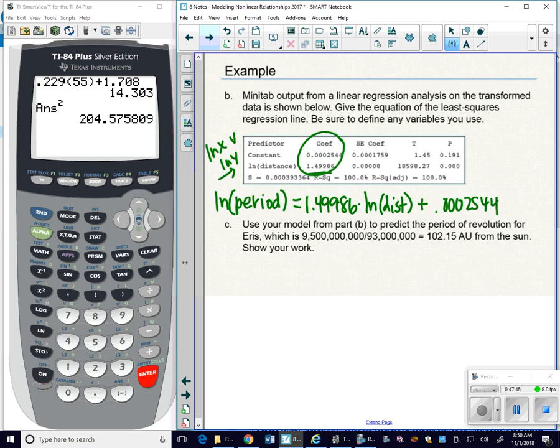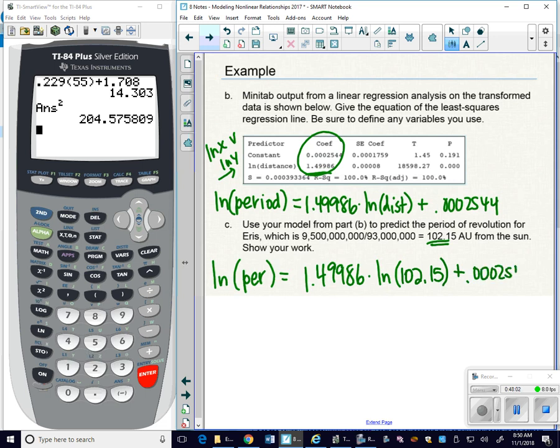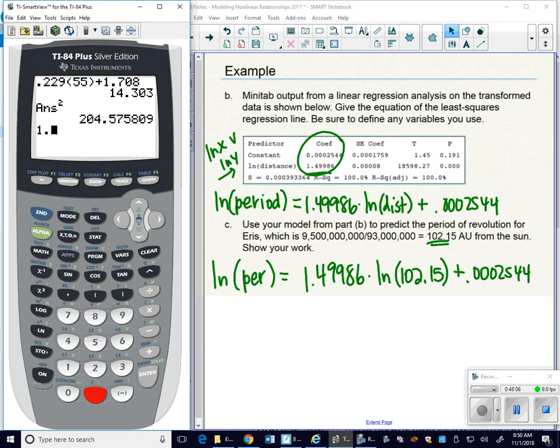And so this is my x value, right? So when I plug that in, I'm going to have, again, the natural log of the period is equal to 1.49986 times the natural log of 102.15 plus 0.000254. I'm going to go ahead and simplify the right-hand side of my equation.